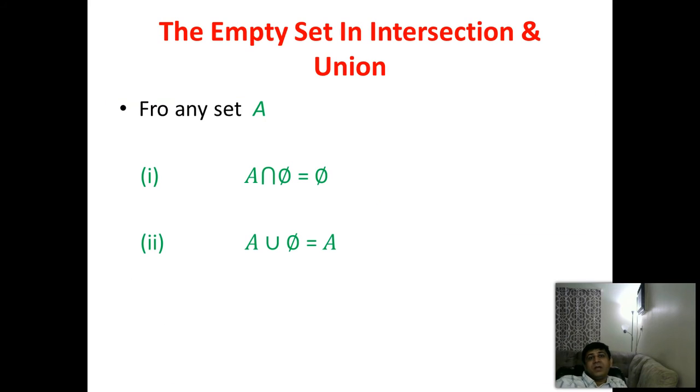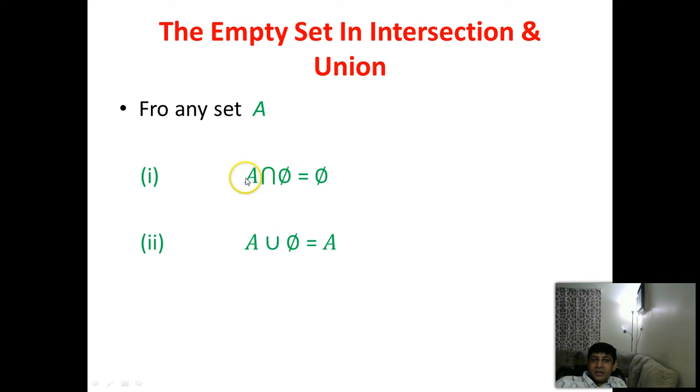Now this is sort of a conceptual thing. This is about the role of the empty set in intersection and union. If we have any given set A and take the intersection of A with the empty set, this phi here is the empty set.